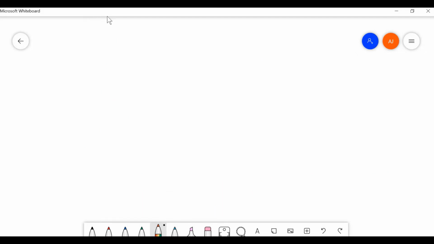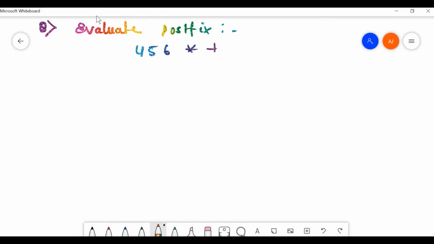Let us see this. So there is a question. First of all, let me solve a simple question and then we can go for the other questions. The question is to evaluate the postfix expression, that is, the expression is 4 5 6 into plus. Let us make 3 columns: one for input, one for stack and one for operation.